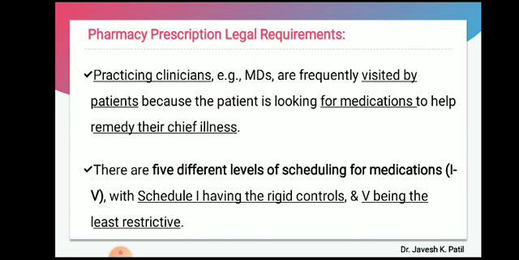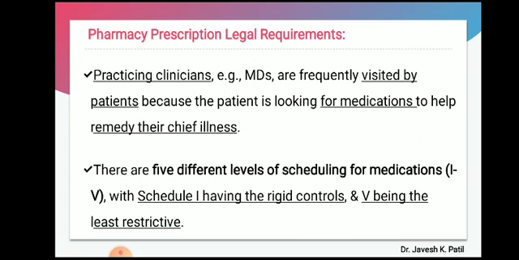Those 5 schedules include the medicines. They are classifying the medicines, and the classification is generally based on the possibilities of misuse, the possibilities of habit formation due to their administration.